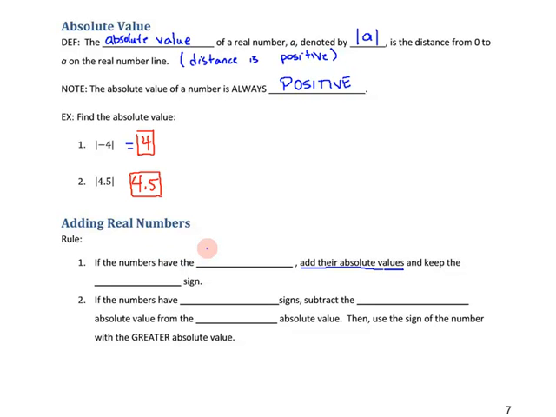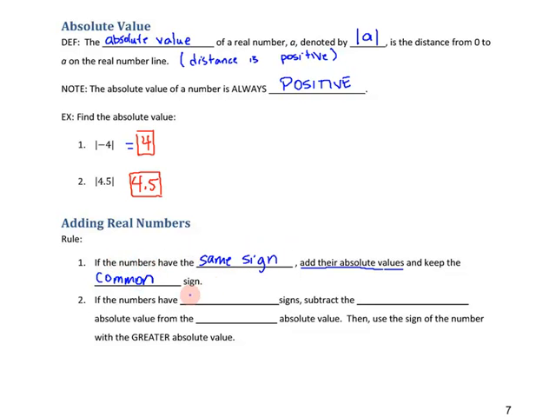If we have the same sign, then we add the absolute values and keep the common sign. So if they're both negative, when you add two of them, they're going to stay negative. If they're both positive, they're going to stay positive.